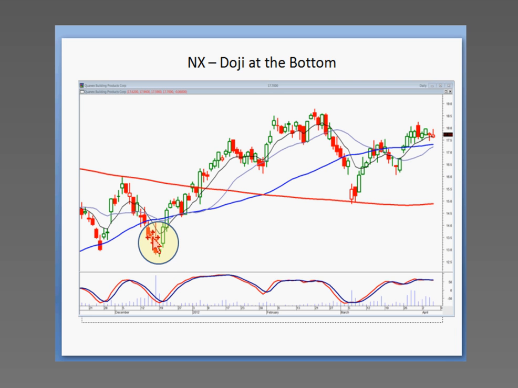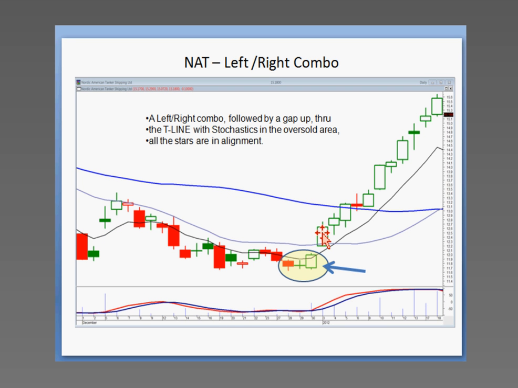Well, if they gap it up and trade way above that halfway point of that candle, that's that much more information telling us they're coming back into that trade with great enthusiasm. Left-right combo followed by a gap up. Just good indications. The bulls have definitely turned this trend or trade around.